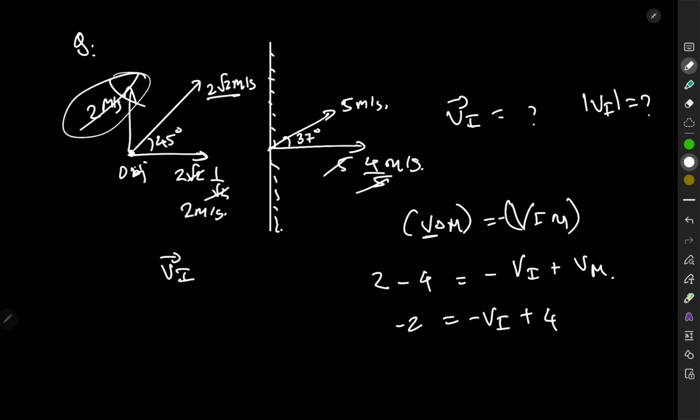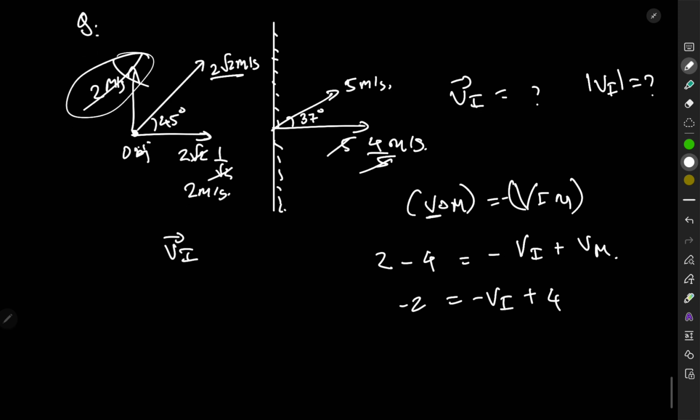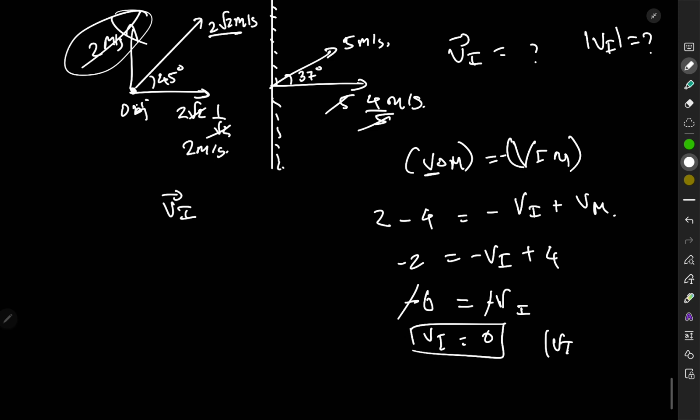So it will come here and it will become minus 6 is equal to minus velocity. Minus gets cancelled. Velocity of image is equal to 6. Okay, magnitude is equal to 6. If you want in a vector form, it is 6 I cap. That's it.